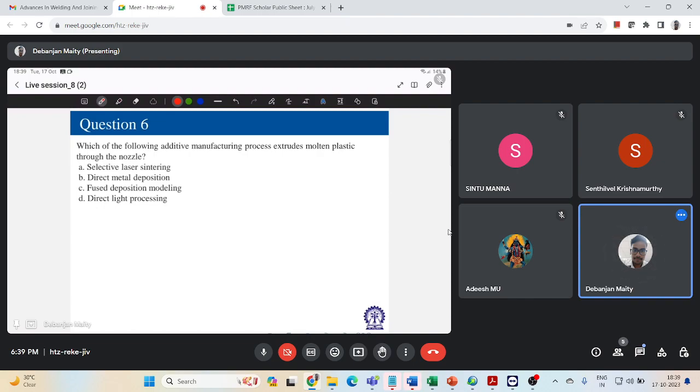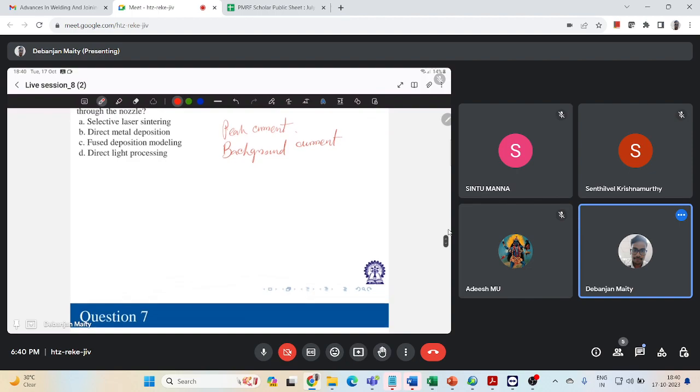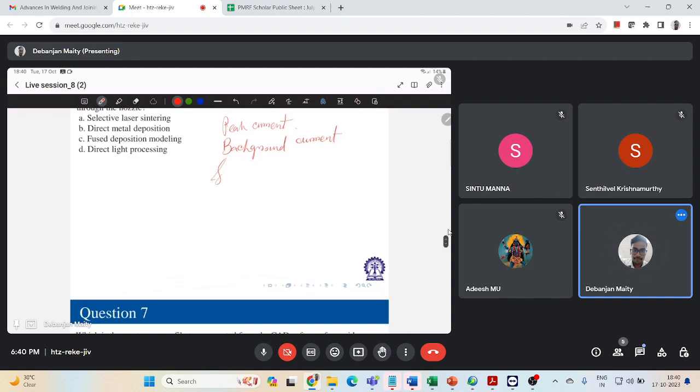So there are these three current levels: peak current, background current, and the short circuiting current. Right?